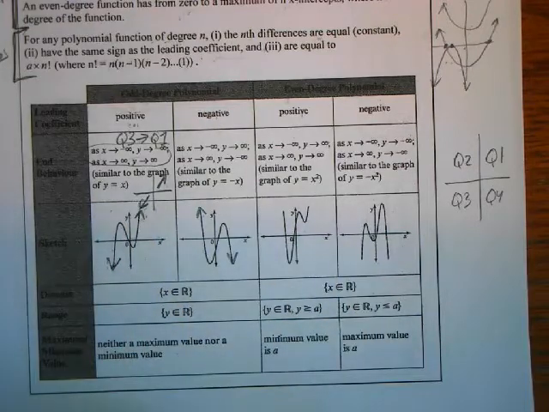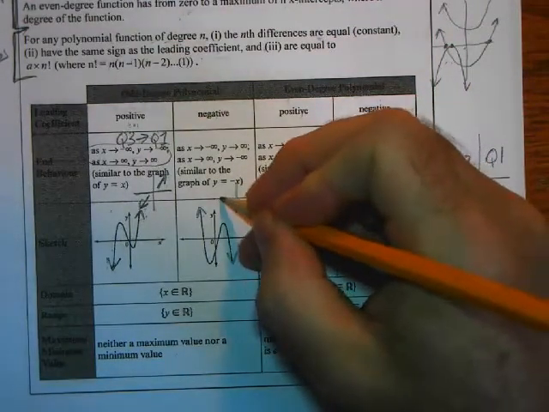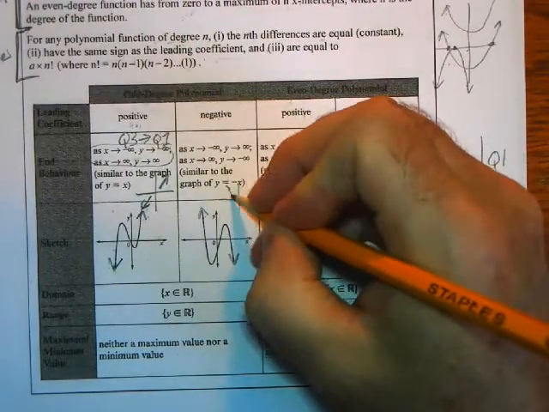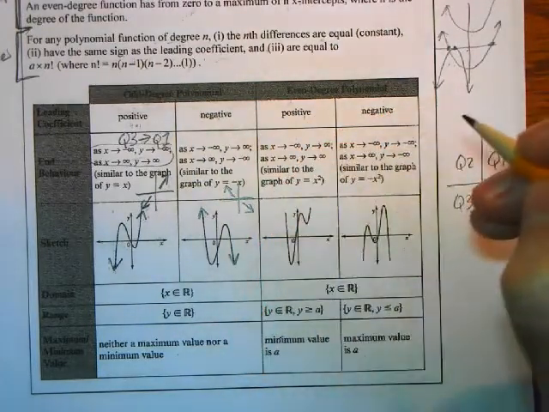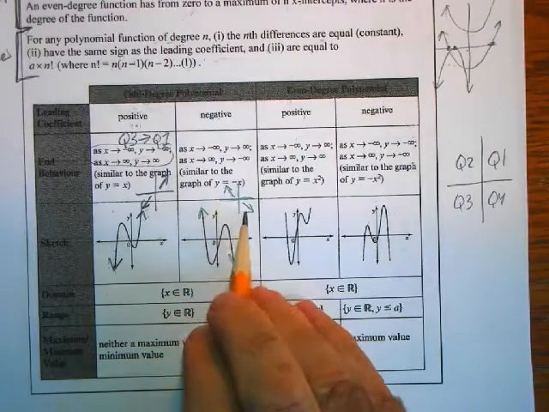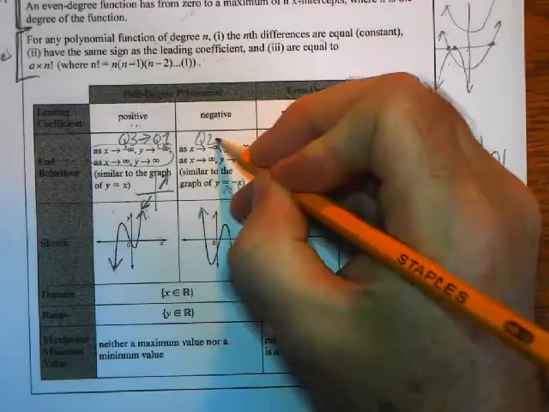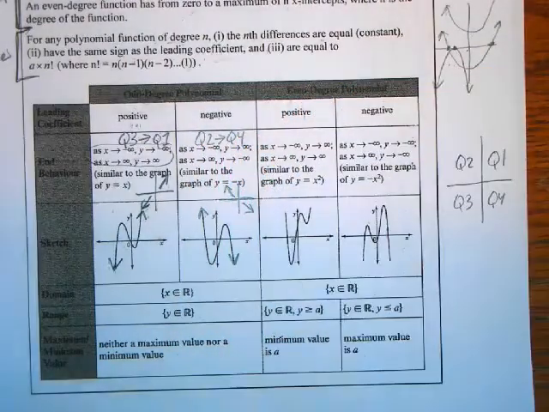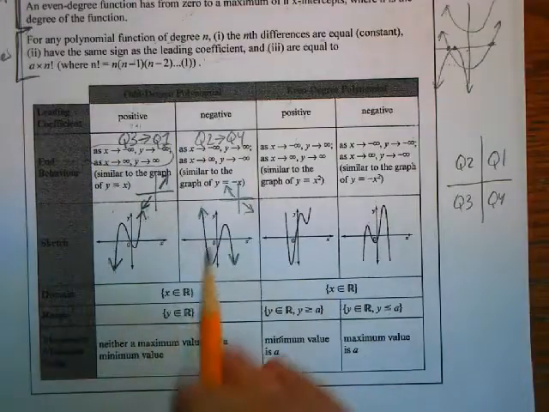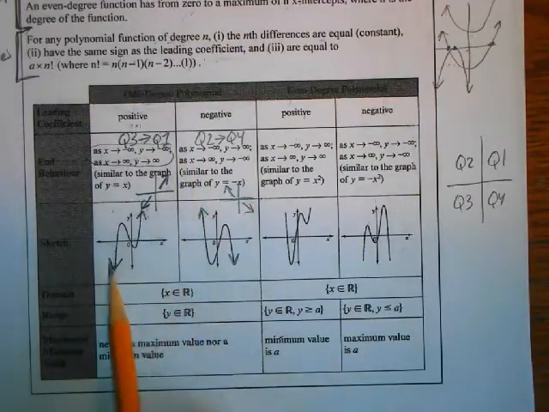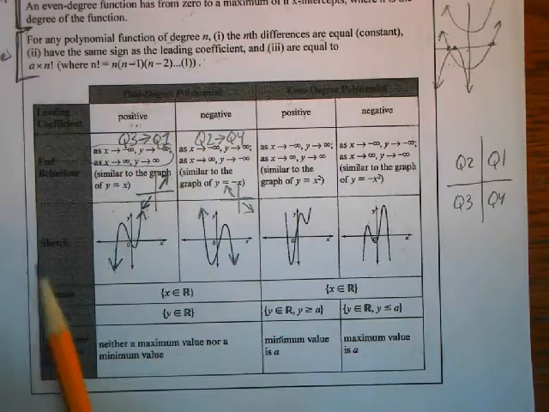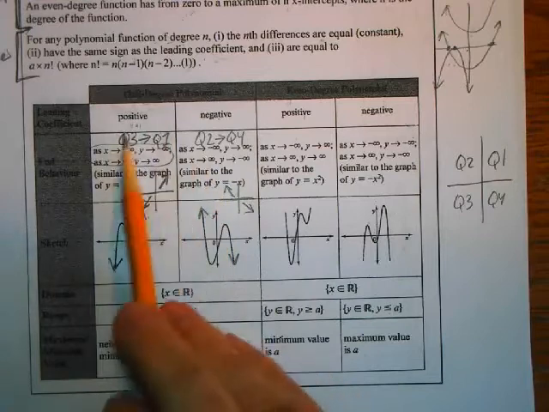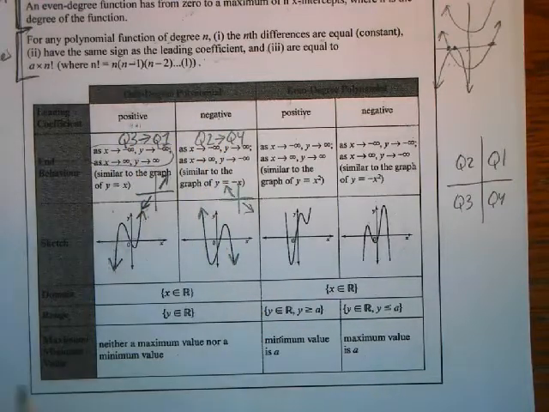It's exactly the opposite. If I was to draw the picture, it starts here and goes down here. In terms of the quadrants, it starts in quadrant 2 and ends in quadrant 4. So quadrant 2 to quadrant 4. That covers the odd degree polynomials. You can see they have certain end behavior characteristics in common depending on the leading coefficient and the fact that it's odd degree.